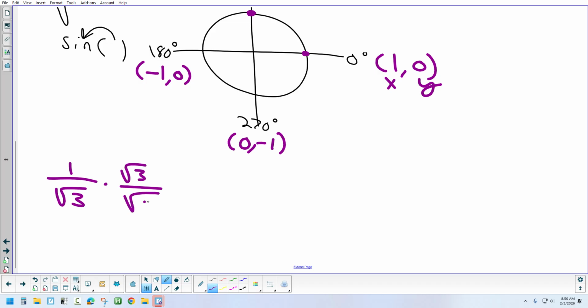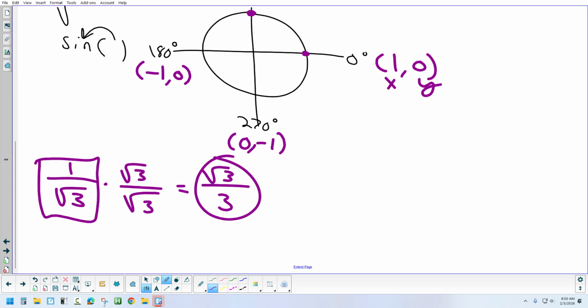So square root of 3 over square root of 3, and now you go straight across. 1 times the square root of 3. And then in the bottom, the square root of 3 times the square root of 3 is the square root of 9, and the square root of 9 is 3. So instead of writing what's in the box, you have to write it as what I circled.